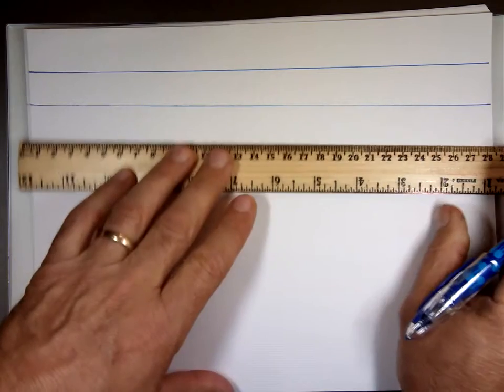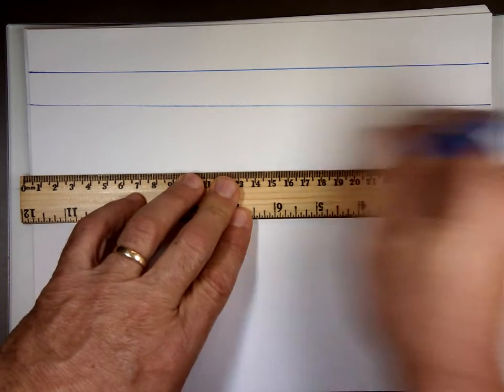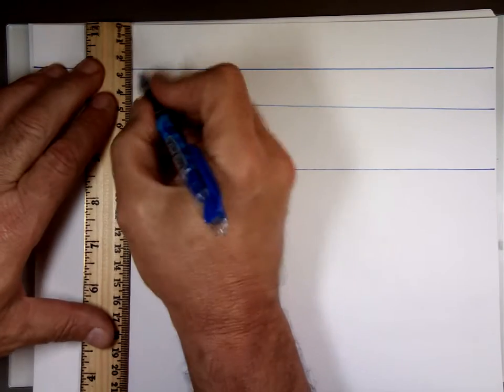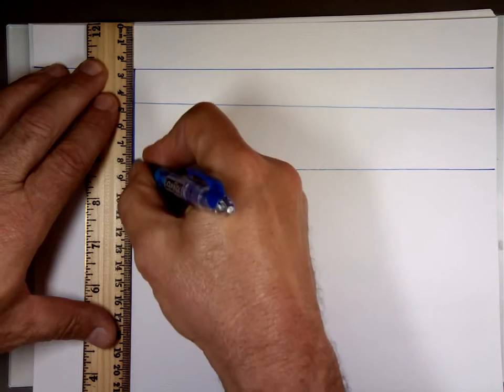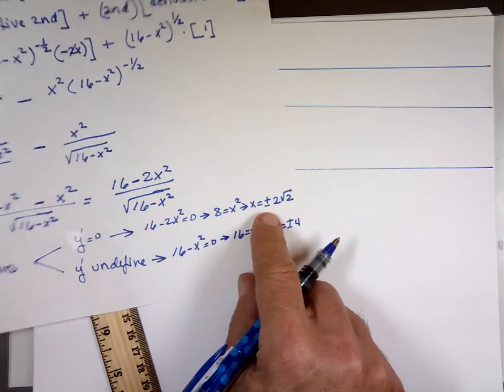We're going to look at the derivative to see if it's positive or negative. So here we go. This is just for the first derivative. I'm just going to put labels on the top. Where the derivative is 0 or undefined is negative 4 and plus 4.